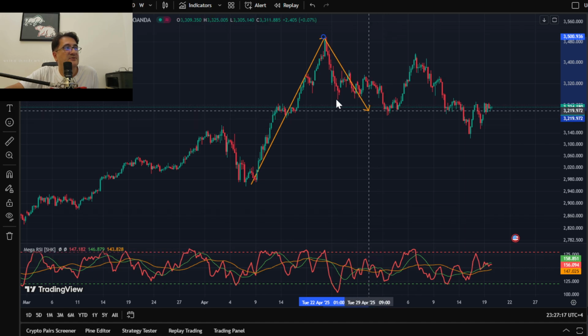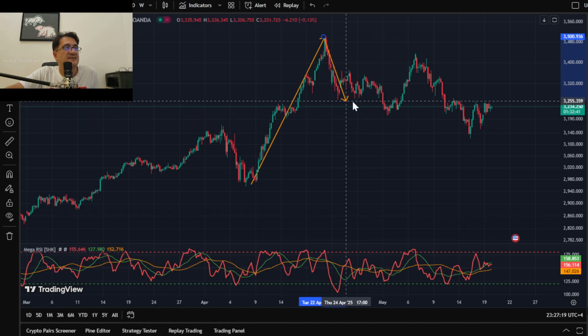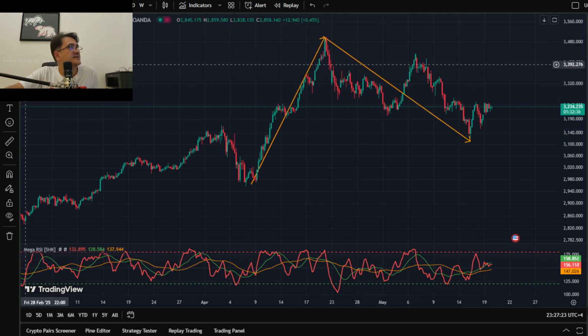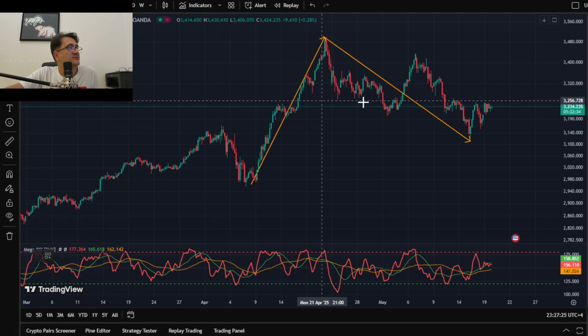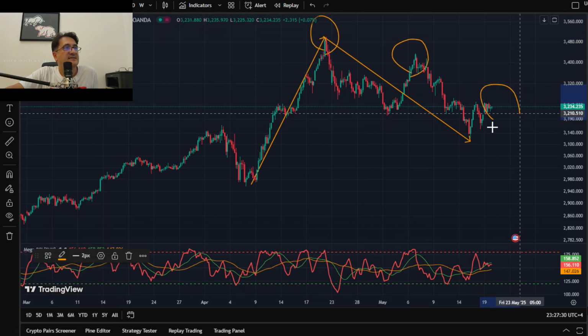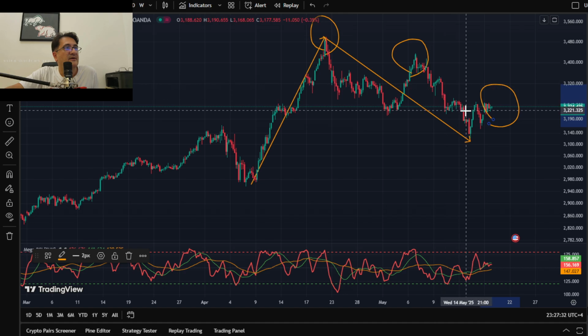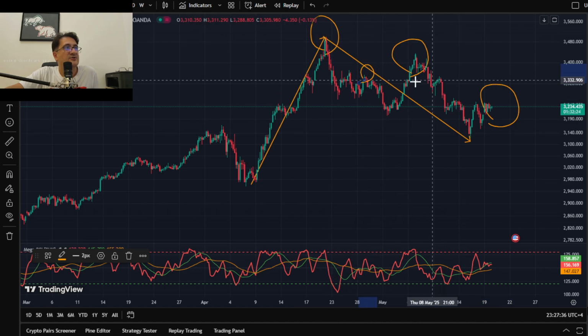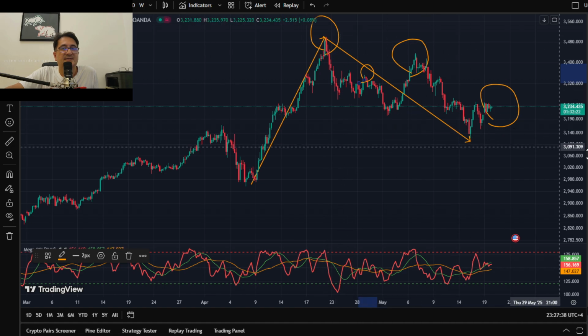Maybe this is a trend, maybe this is a trend. Yes, this is a trend, this is a trend, this is a trend, and also this is a trend. But in this trend, what you have to mark as highs are these. For example, this is not one of the highs that you should draw in this trend.